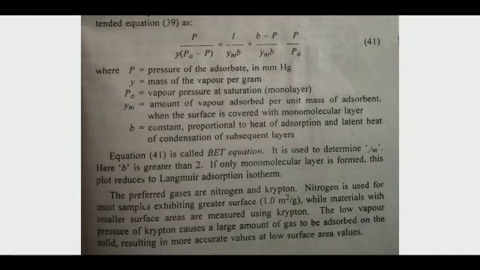The low vapor pressure of krypton causes a large amount of gas to be adsorbed on the solids, which gives more accurate values at low surface areas. So these are the different types of equations used to describe the adsorption of gases on solid and gas interfaces.